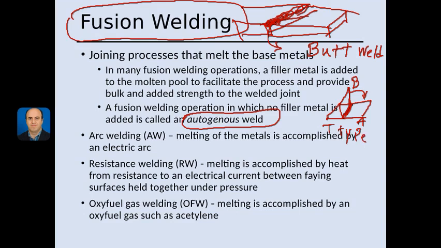In fusion welding, in this lecture we're going to look at three groups of fusion welding processes. One is arc welding, where the melting of the base metal is done with an electric arc.